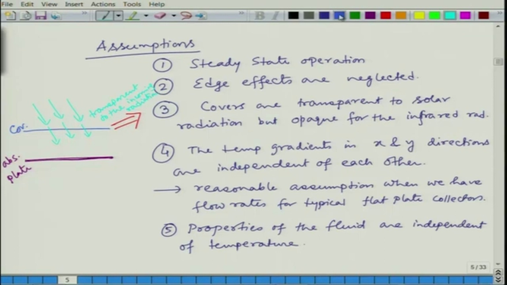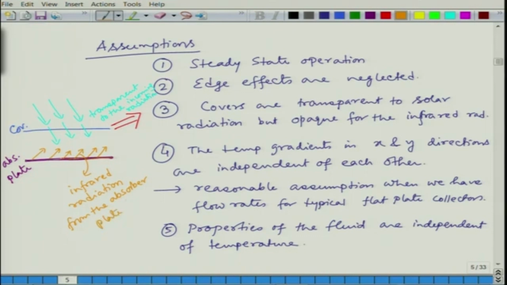But now once this radiation hits the absorber plate, the absorber plate will be heated and ultimately it will radiate its own infrared radiation, right. So, infrared radiation from the absorber plate.